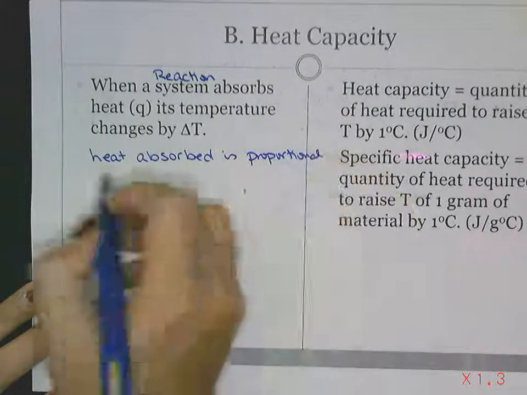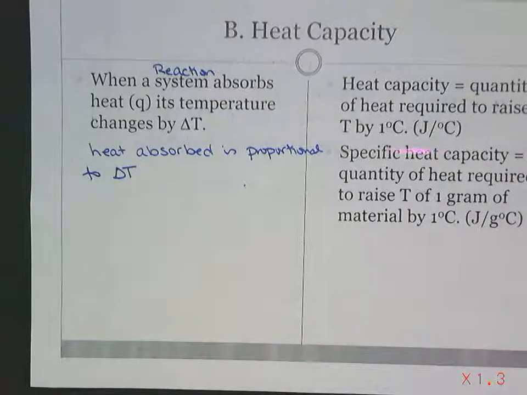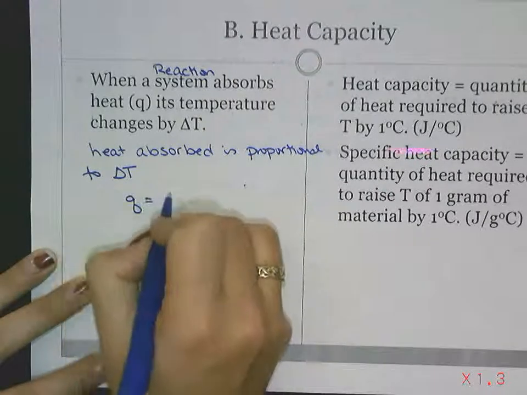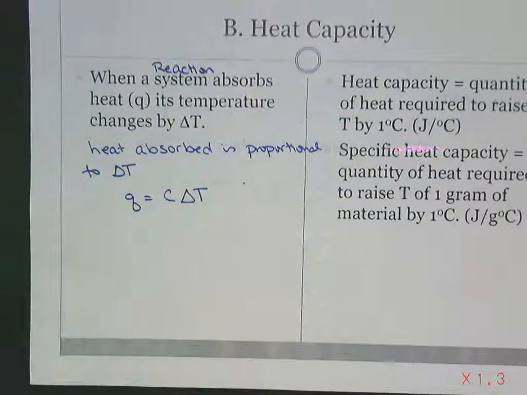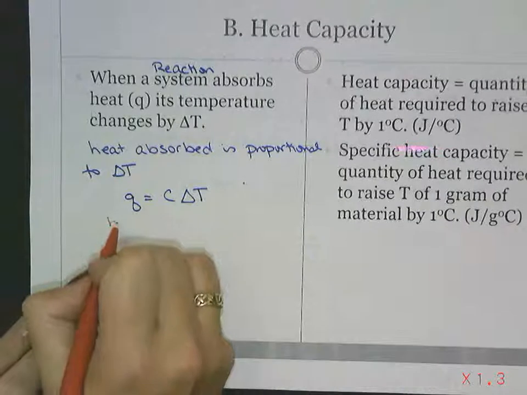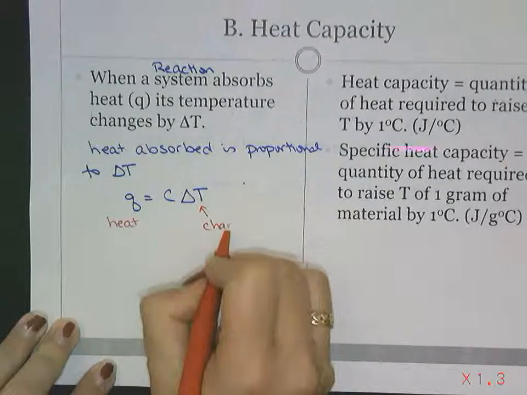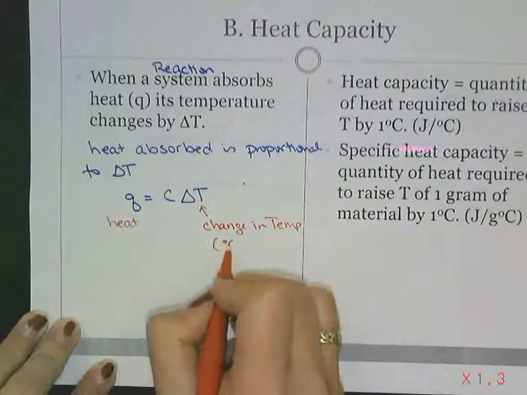And so the heat absorbed is actually proportional to delta T, through this equation. All right, so this is Q, like I've used before. That's heat. There's a change in temperature, specifically in degrees Celsius.